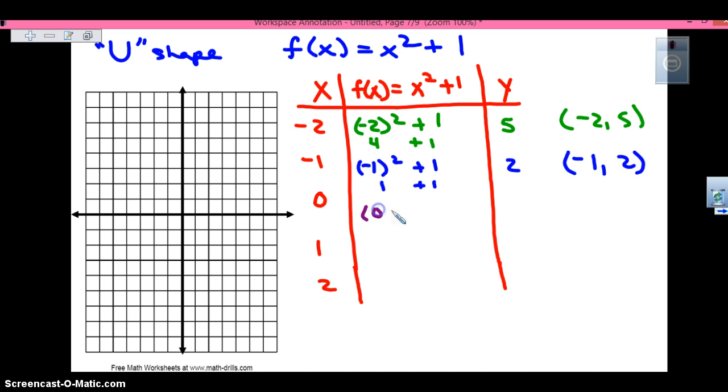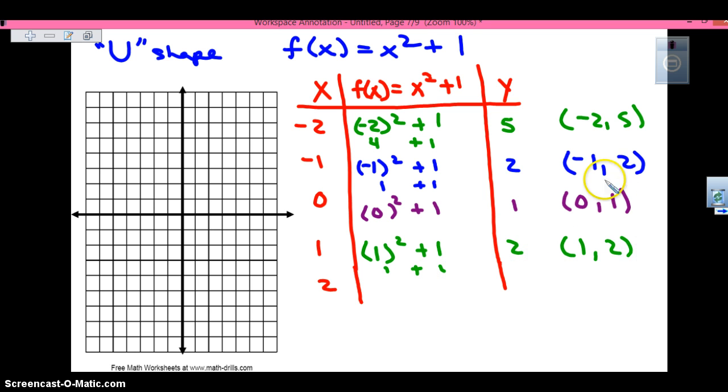We substitute 0. 0 squared plus 1 is just 1. 0 and 1. If we substitute 1, 1 squared plus 1, 1 plus 1, which is 2, 1 and 2. If we substitute 2, 2 squared plus 1 is 4 plus 1, which is 5. We've got 2, 5.